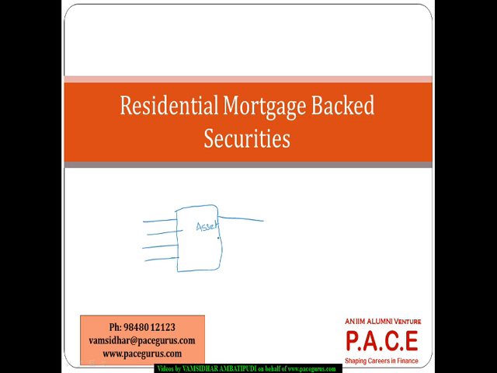These assets are being sold to the SPV, which in turn has issued the bonds to the investors in the capital market. And these kind of bonds are what we call residential mortgage-backed securities, because the asset that is underlying them is the residential mortgage.